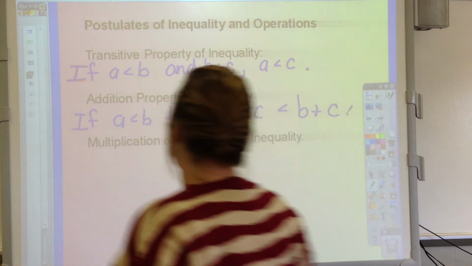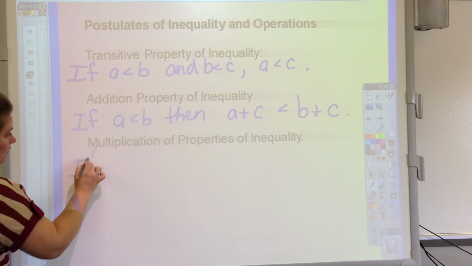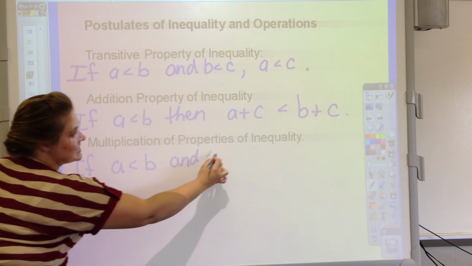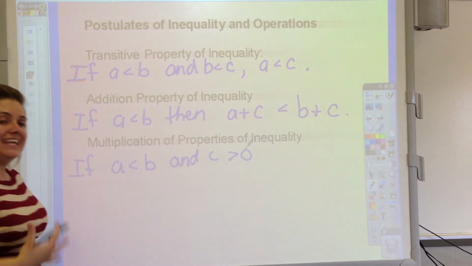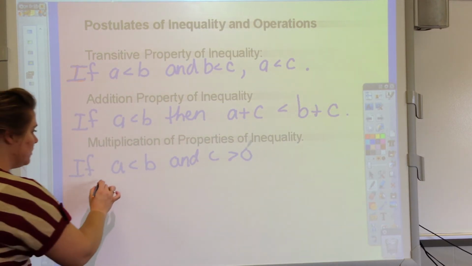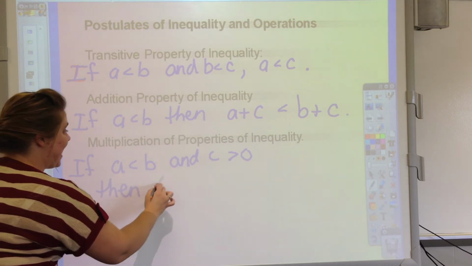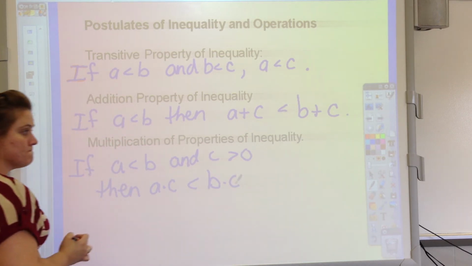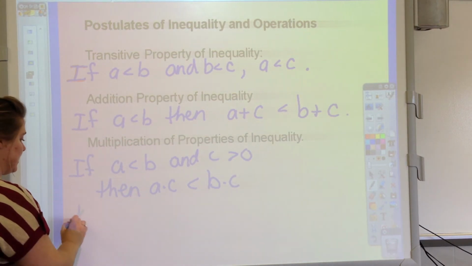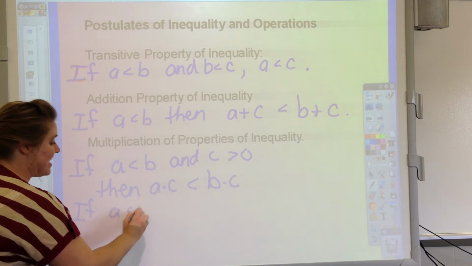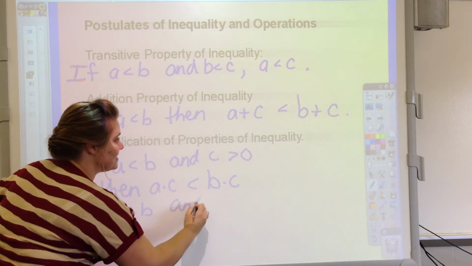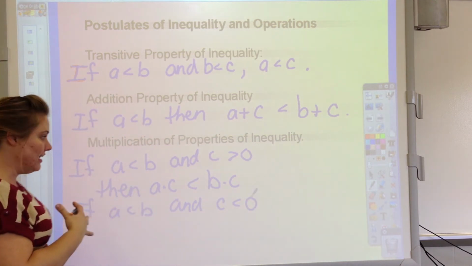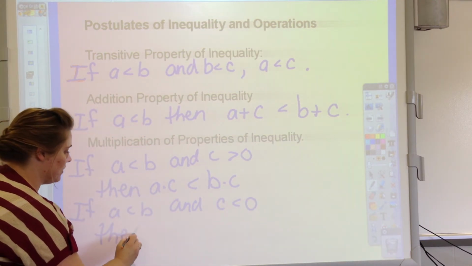And here we have to be careful. If A is less than B and C is greater than 0, meaning it's some positive value, then A times C is going to be less than B times C. Now I can say also if A is less than B, and instead of C being positive, we make it less than 0 or negative, then what's going to happen?